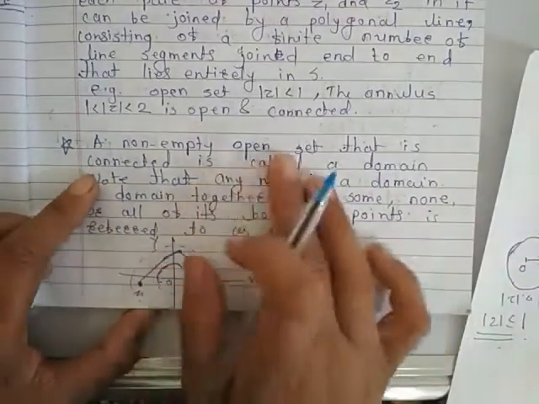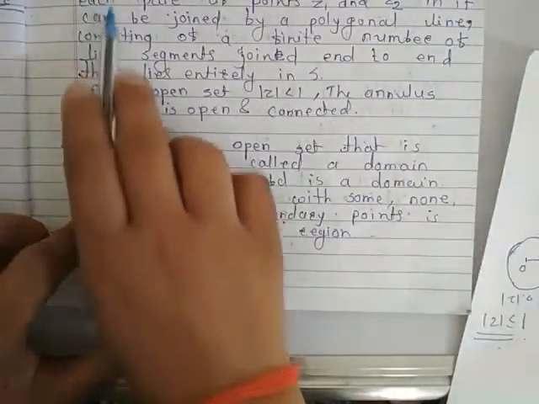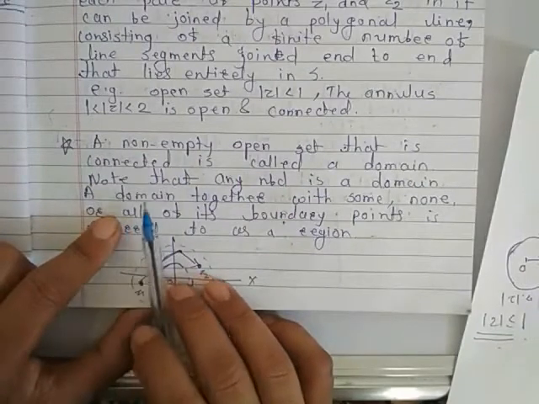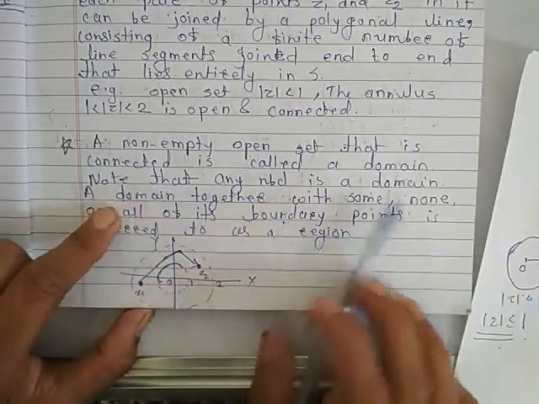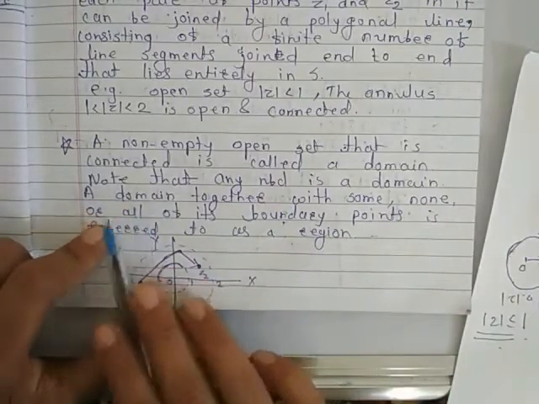As previously discussed, we know what a connected set is. Note that any neighborhood is a domain.